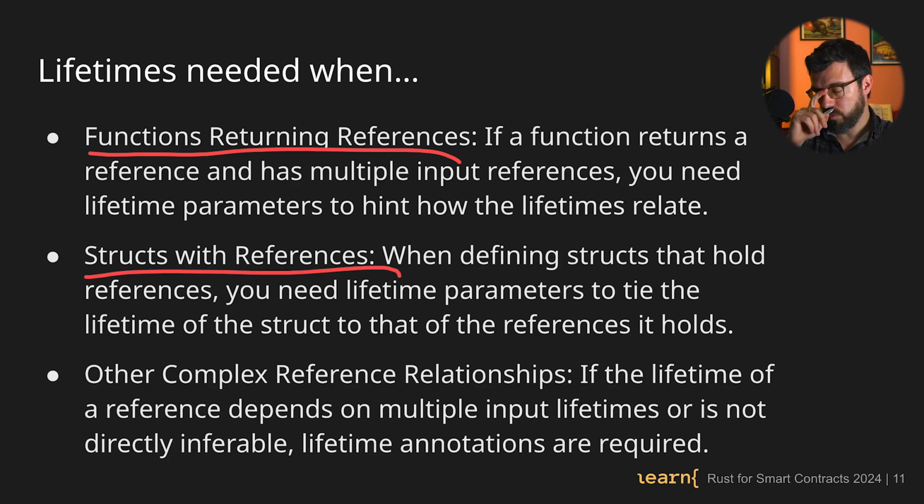But sometimes you want them or you have to use them, and sometimes you'll see them in reference contracts and so on. And then other complex reference relationships where in your code, not necessarily in a function body, but inside your code, you have multiple input references that maybe aren't parameters, and they're creating another reference. You might have to use them.